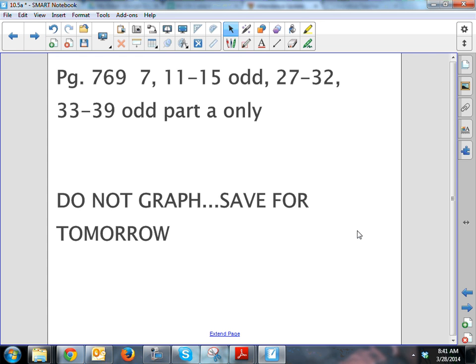For your homework, it may ask you to graph them. Don't. You are going to have 4 problems where you actually have to do the algebra. The other parts, I think we have some identifying.